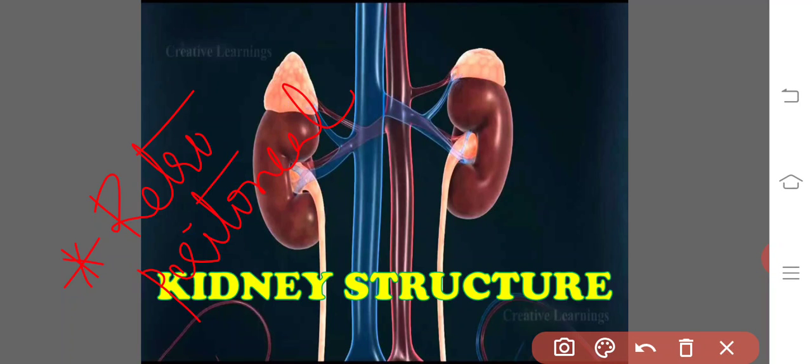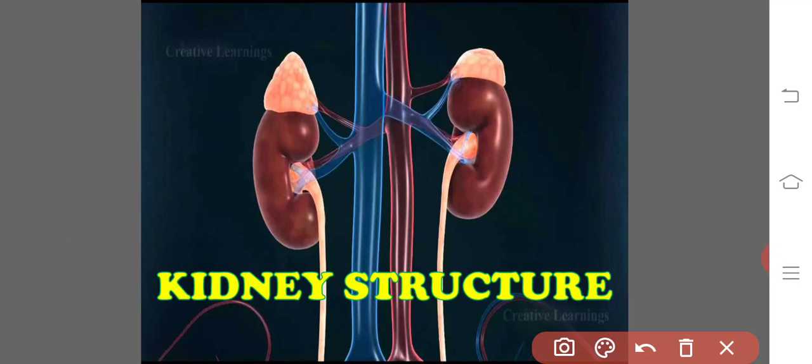Retroperitoneal organs. Because if you observe the heart, it is covered by the pericardium, and the lungs by the pleural membrane, right? At the same time, the kidneys are also covered by the peritoneal membrane, but this peritoneal membrane covers the kidneys on the ventral side only.